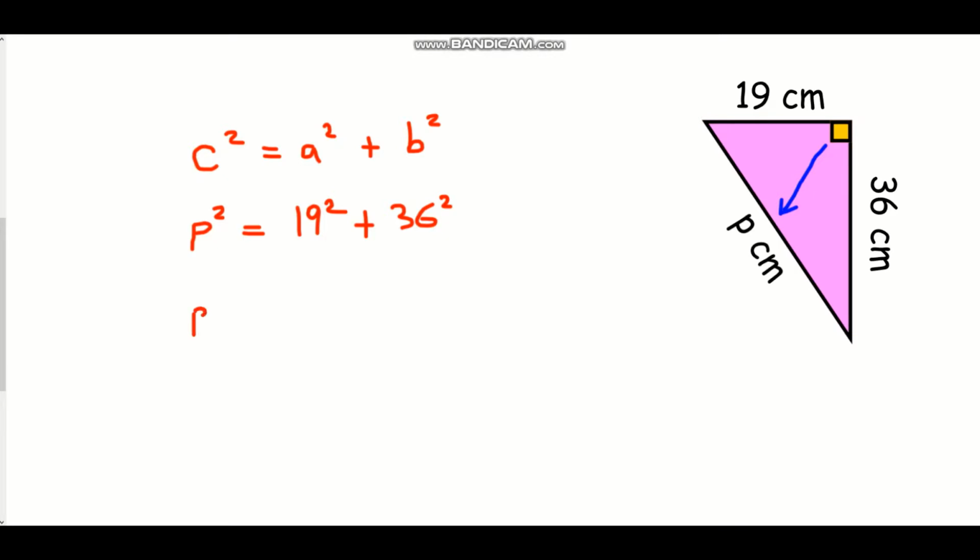Putting those values into a calculator, you'll get that p squared is equal to 361 plus 1296. Add those things up, and you're going to get that p squared is equal to 1657.